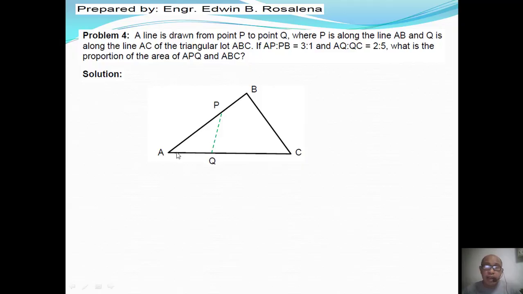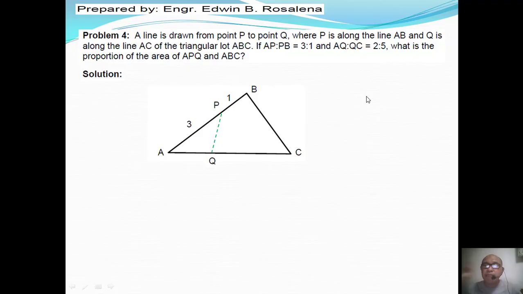So AP is to PB in the ratio 3 is to 1. So I can say that the distance AP is 3 units and the distance PB is 1 unit. So, will you agree? AP over PB is equal to 3 is to 1.